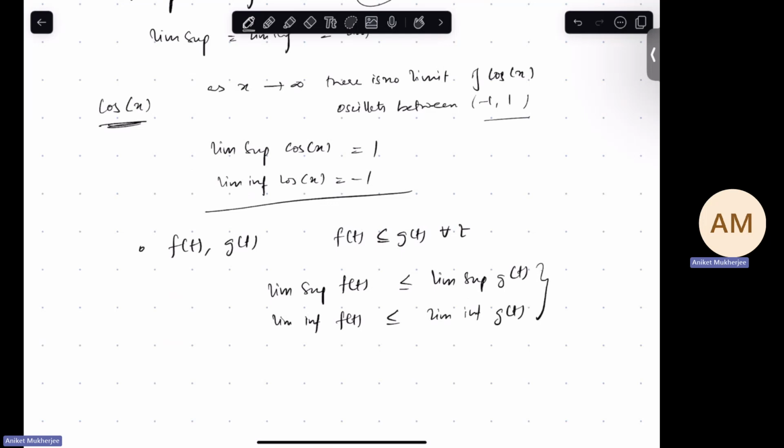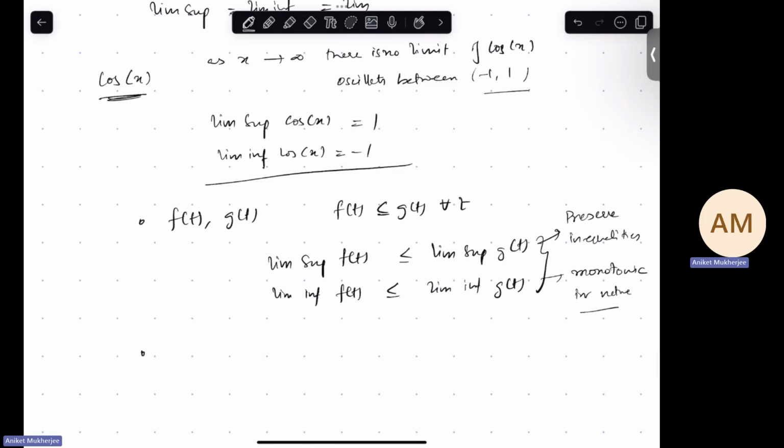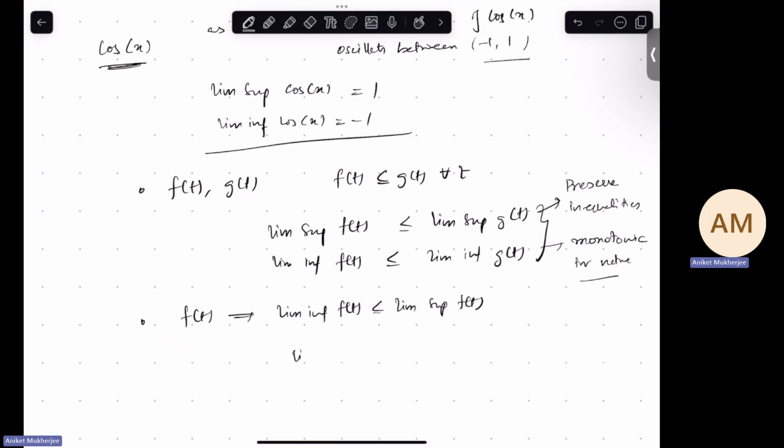So basically, both of them preserve inequalities, monotonic in nature. Second point, for any function f(t), you'll always have that lim inf of that function is less than or equal to lim sup of the function. And the equality will only exist if the limit of the function exists.